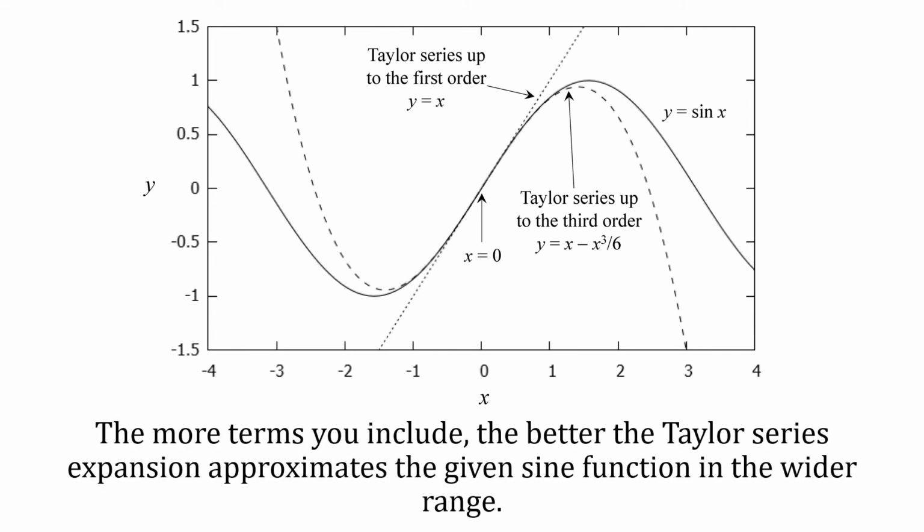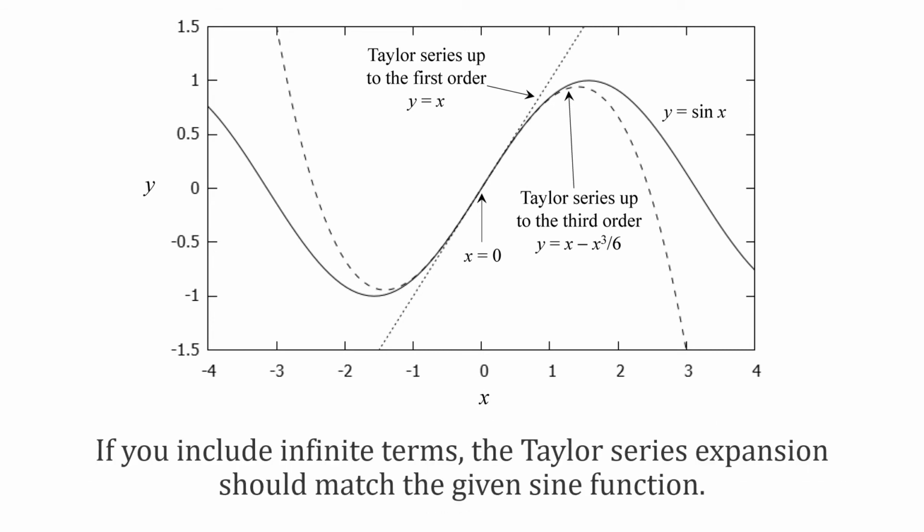The more terms you include, the better the Taylor series expansion approximates the given sine function in the wider range. If you include infinite terms, the Taylor series expansion should match the given sine function.